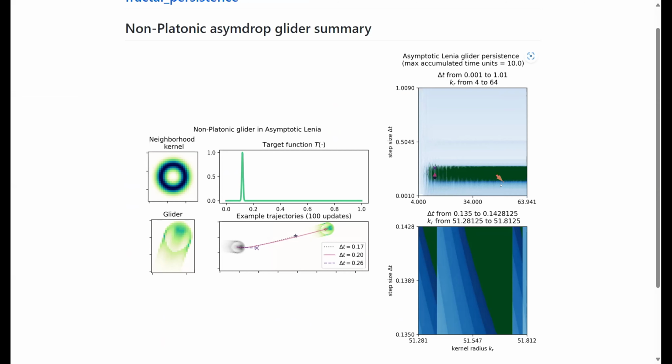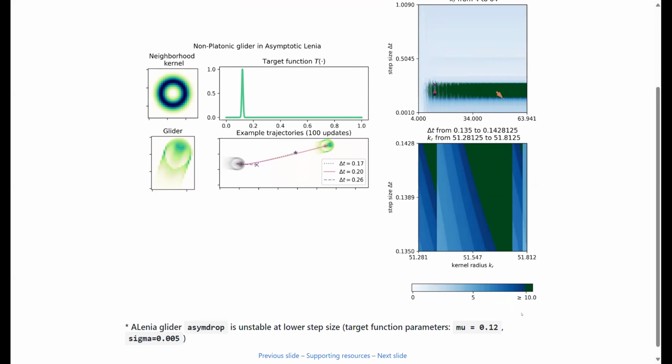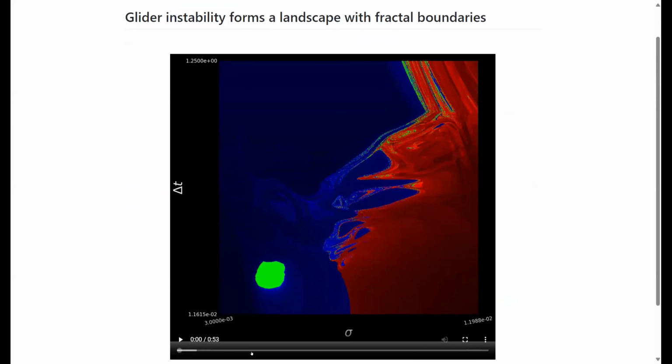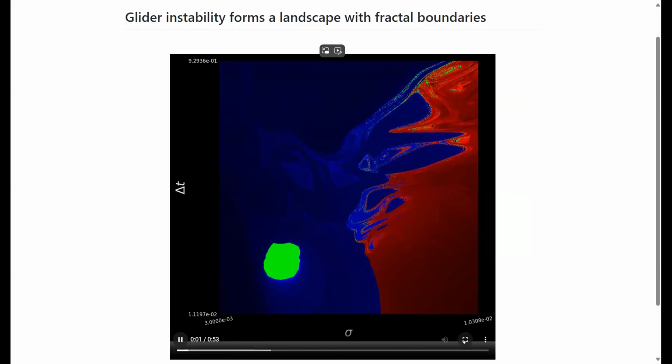And if you have particularly good eyes, you may see that there's about 1 pixel's worth at the end of this arrow. And this inset is that 1 pixel's worth. So it's about 1,000 times zoom. And there's still some fine structure in there. And so this result of a non-platonic glider in asymptotic Lenia was actually kind of incidental to another side of this project, which was just examining the retention of fine detail at various scales.